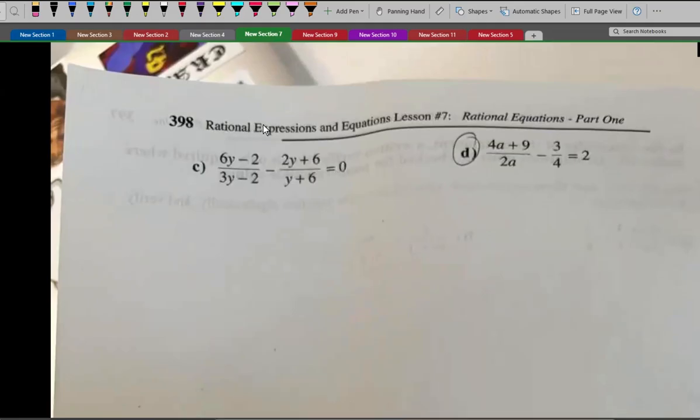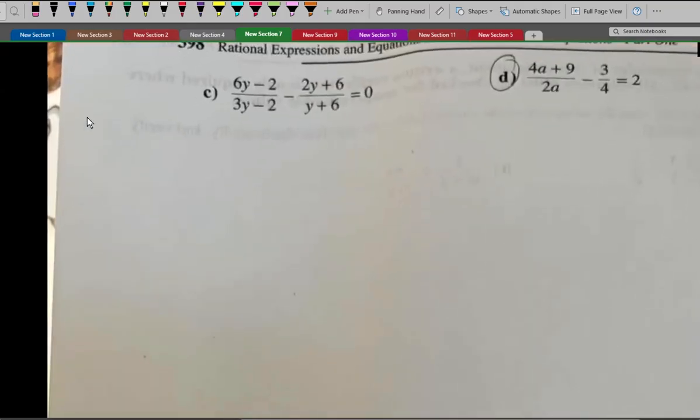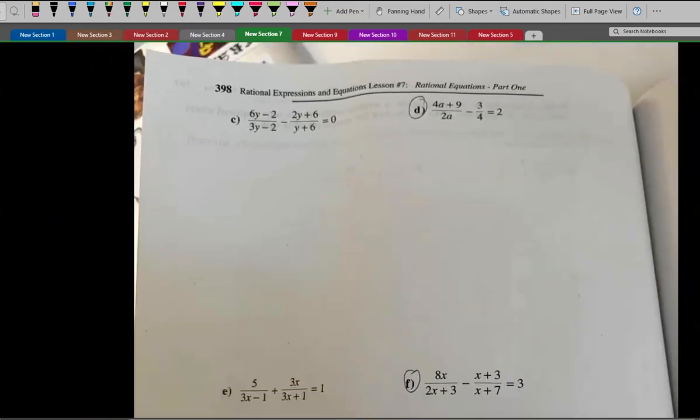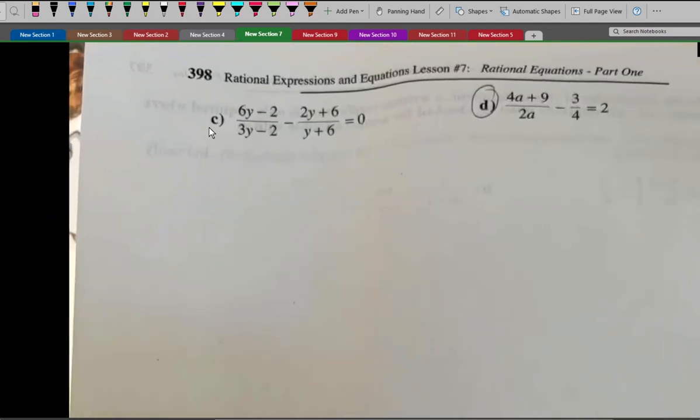So this is the next question. So where should I start from? Let's do D. How about C? You can do that?